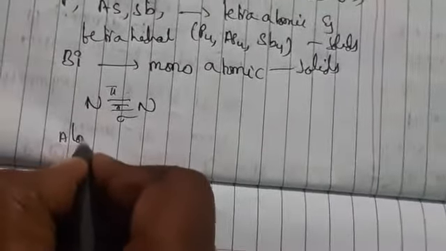Okay, so now let us see general properties. We have seen the electronic configuration, and we are having atomic and ionic radii. So generally, what is atomic radius? The distance from the nucleus, we call it atomic radius.